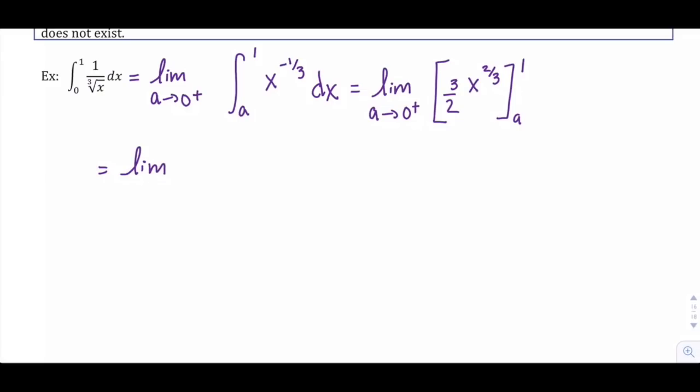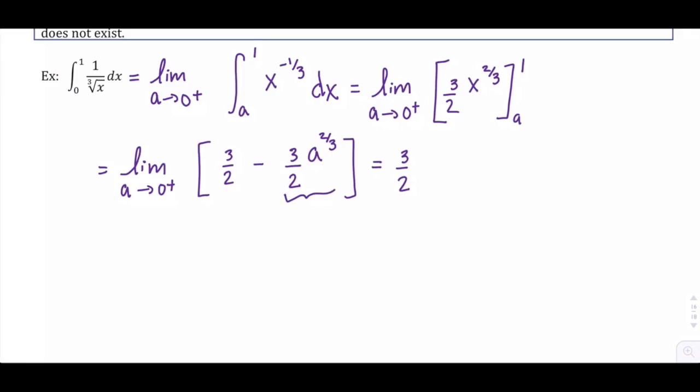We get the limit as a goes to 0 from the right of 3/2 minus 3/2 a to the 2/3. Okay, this gives me 3/2, and then this fraction here, as we let a go to 0 from the right, also goes to 0. So that would just give me 3/2.